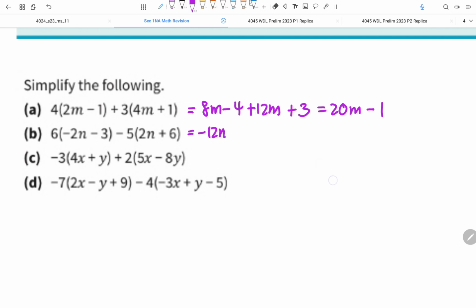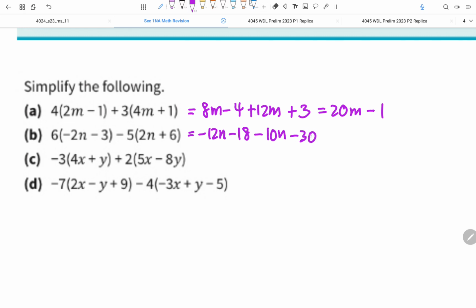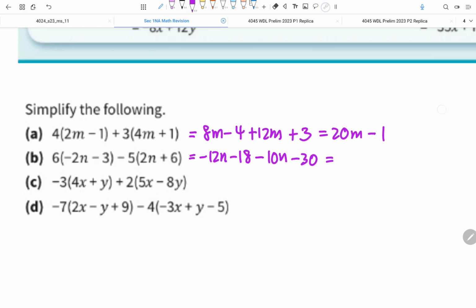Question 2. Negative 12n minus 18 minus 10n minus 30. Negative 12n minus 10n on the calculator gives you a negative 22n. Negative 18, negative 30 on the calculator returns you a negative 48. Part B, please be careful.